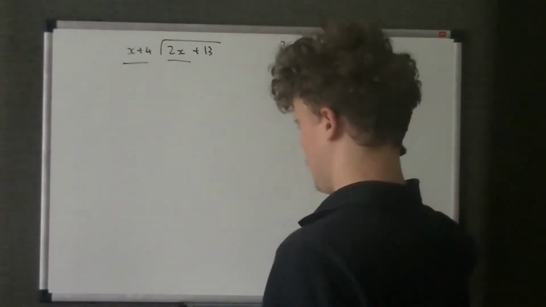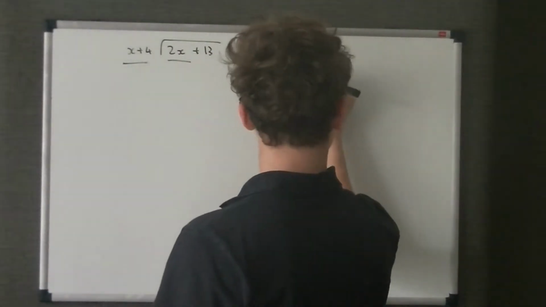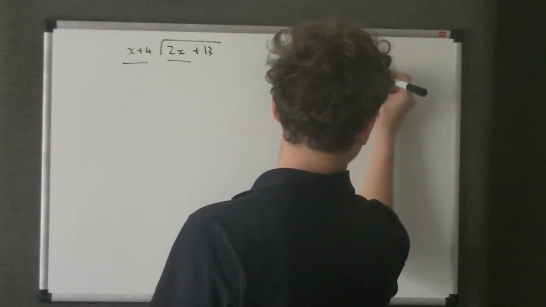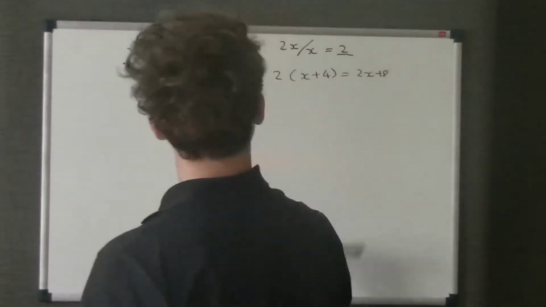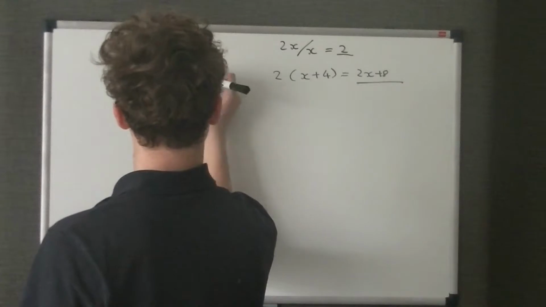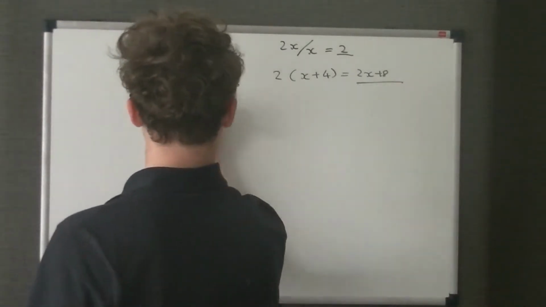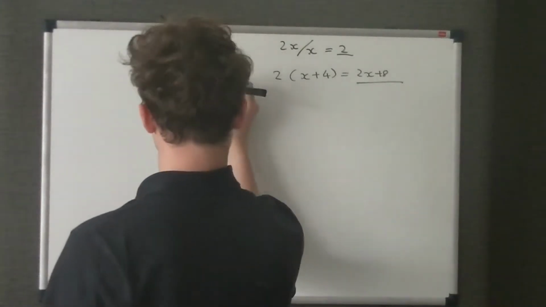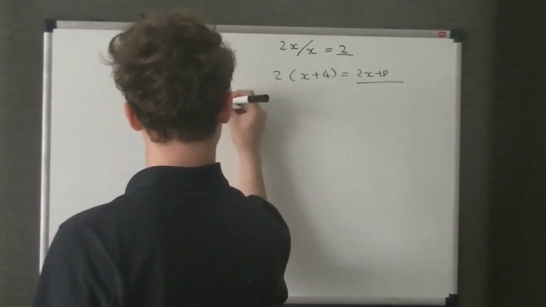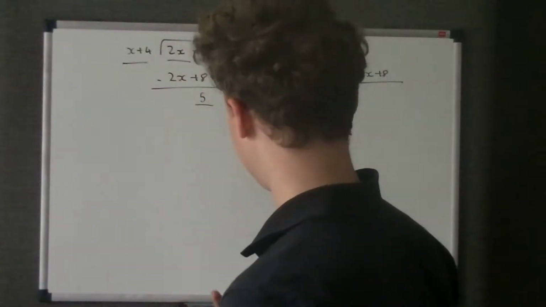Then we times 2 by x plus 4, which is 2x plus 8, and then we take that away from 2x plus 13. The x's cancel out, 13 take 8 is 5, so that's the remainder. So 2x plus 13 divided by x plus 4, and the remainder is 5.